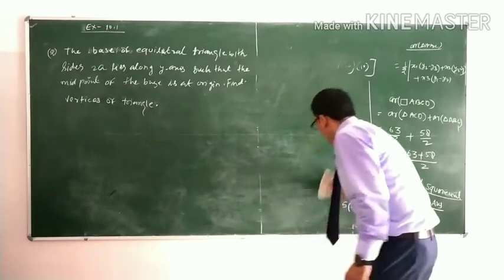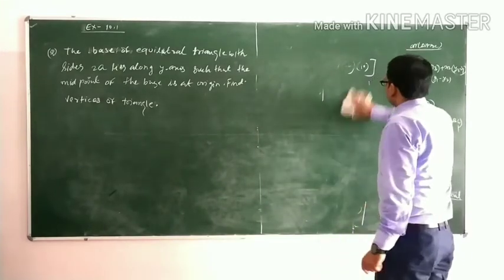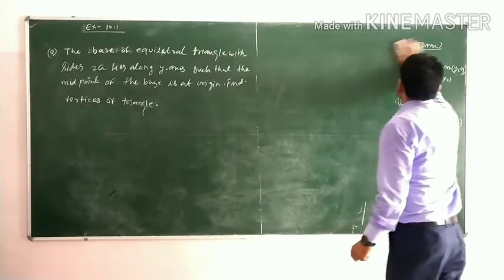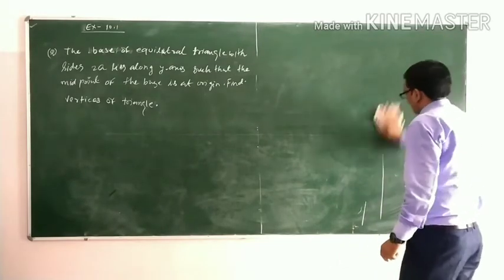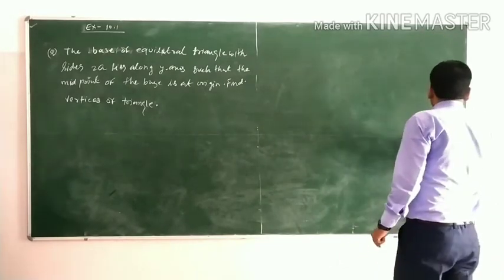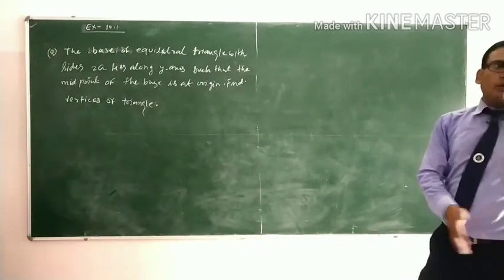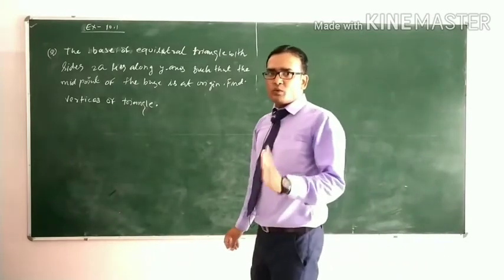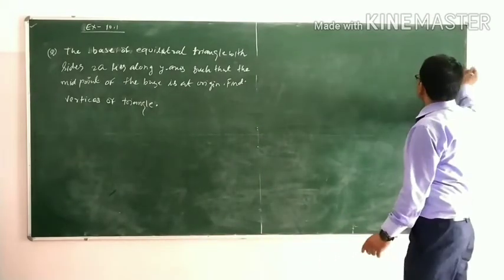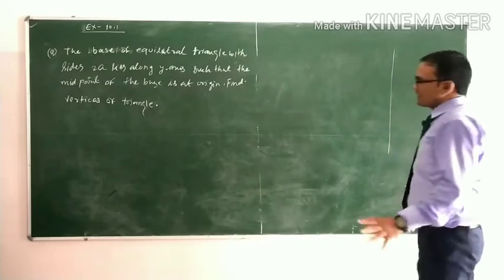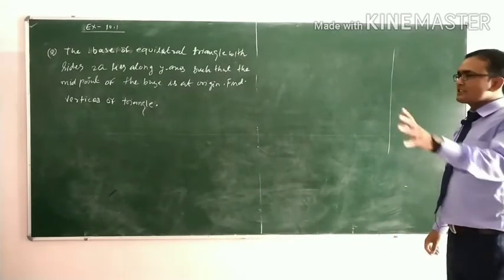We draw an equilateral triangle in a Cartesian plane with sides 2A and base along the y-axis and midpoint of base at origin. Here we draw a rough figure of this triangle.